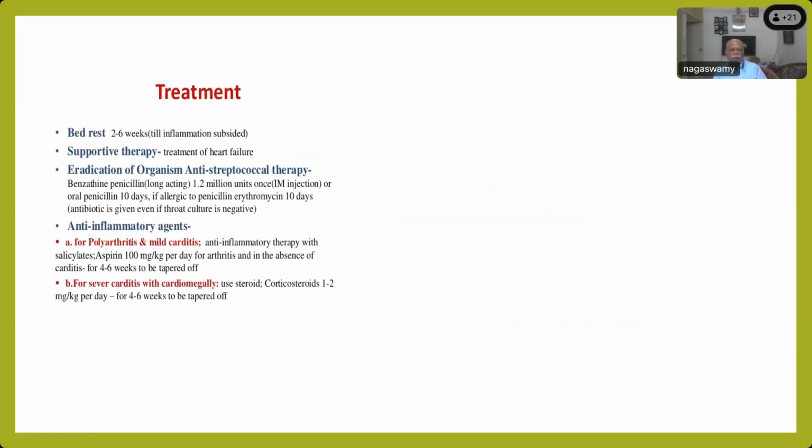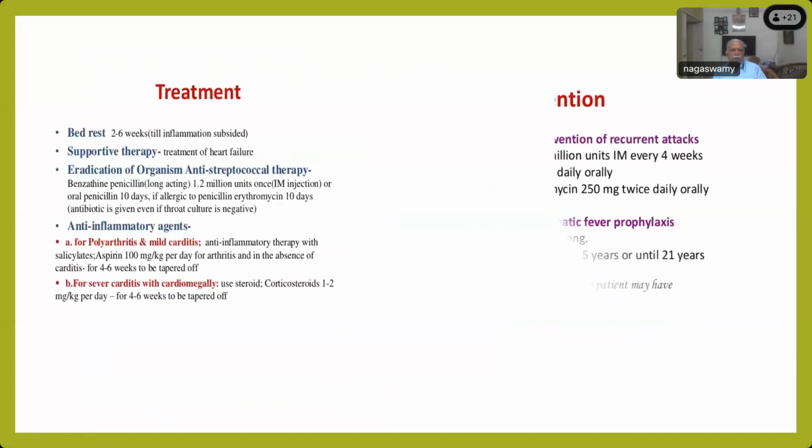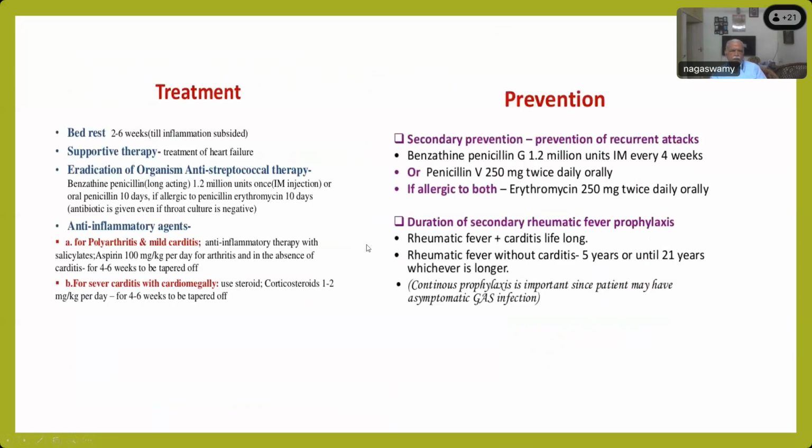And the supportive therapy during rheumatic fever is bed rest, anti-inflammatory agents, and for long-term prophylaxis, you start them on corticosteroids and penicillin, as well as aspirin can be given.